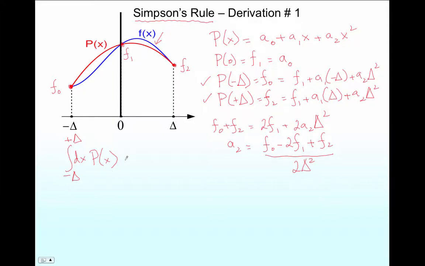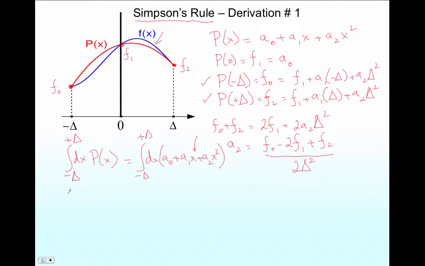Let's work this out. So that's the integral from minus delta to plus delta of what I've written above, a0 plus a1x plus a2x squared. Now right away you notice that this is an integral that you don't need to do because this x is an odd function and we are integrating symmetrically from minus delta to plus delta, and so this integral we don't need to worry about.